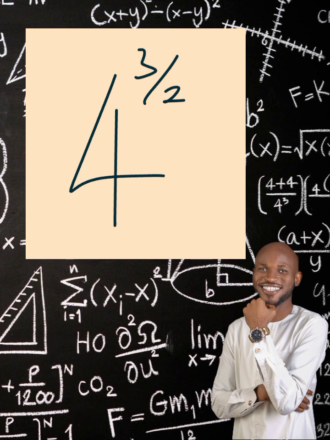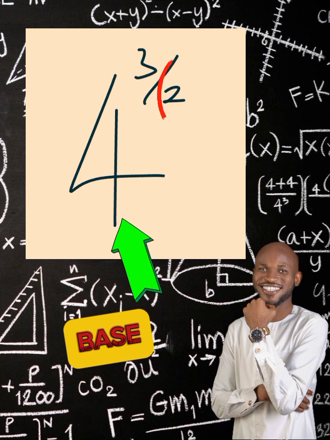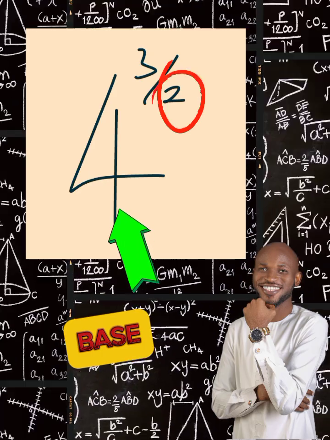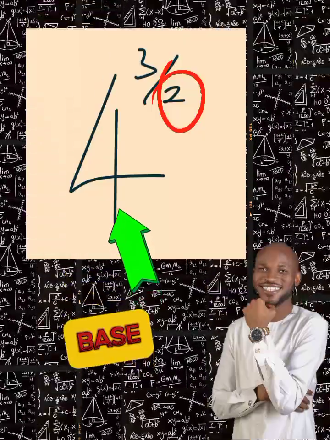So what do we do? Now, to break down 4, which is the base, you have to make sure you use the denominator to form the root of the base. Use the denominator to form the root of the base. What is the denominator? The denominator here is 2.